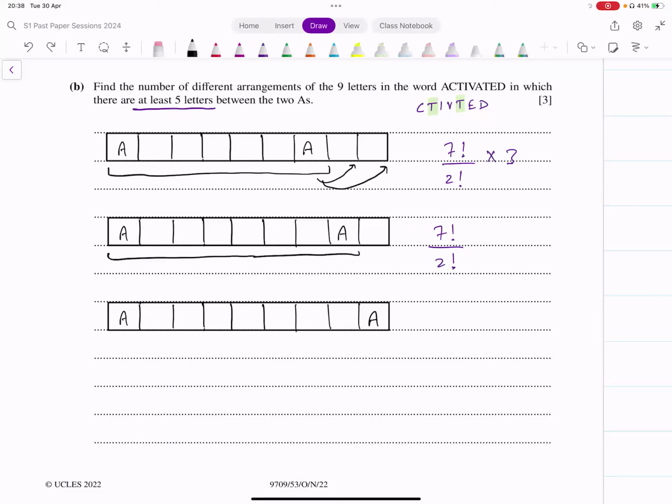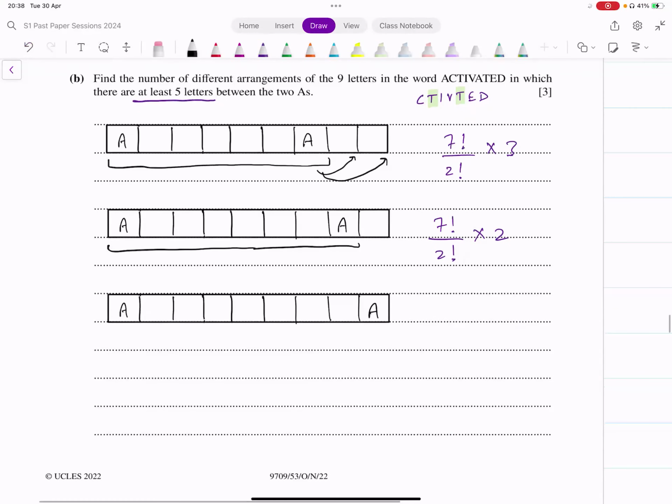It could also be that it appears on the right side and this box goes to the left. So there are 2 ways of having these 8 letters. So we multiply this by 2 because there are 2 ways of arranging this and this.